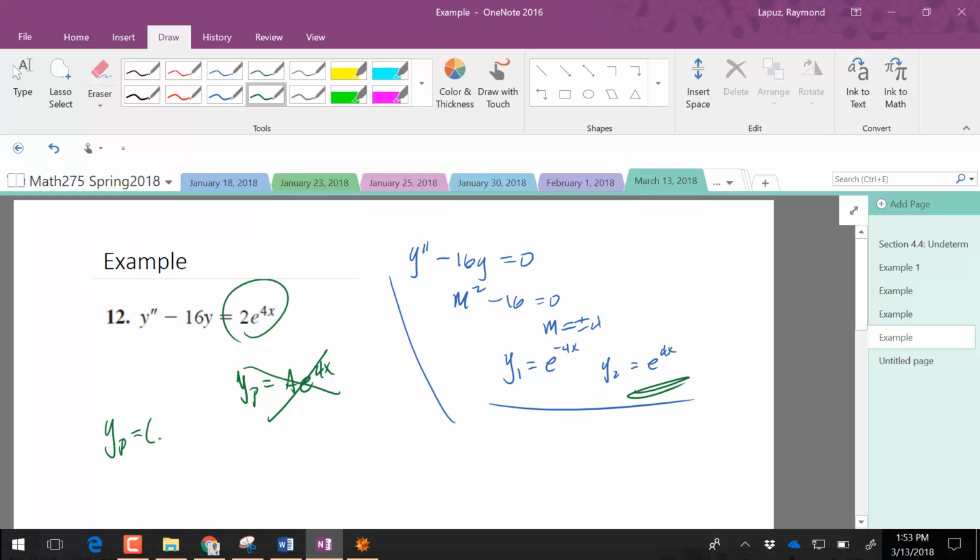It's the same kind of concept, except you're going to multiply by a general linear term. We can't use this because it is linearly dependent on a homogeneous solution. You guys can try it and see what happens.